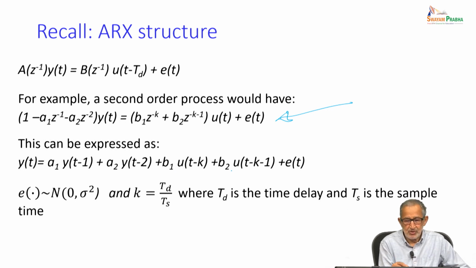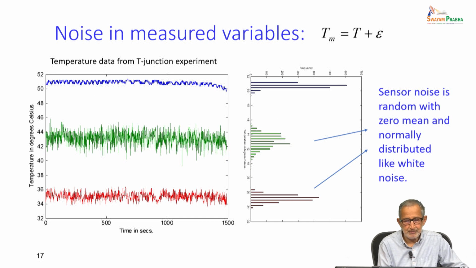These are the two exogenous input terms, b1 u(t-6) and b2 u(t-7), plus e(t). And the noise is zero mean white noise with a variance of sigma squared.